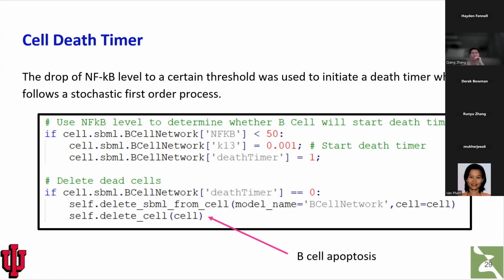Essentially, we're saying that if the NF-kappa B level is low, in this case below 50, then we're assigning a non-zero value for K13, which starts the death timer. Initially the death timer is set at 1. Once it becomes 0, the cell will be deleted from the simulation. So that's how the cell apoptosis occurs.